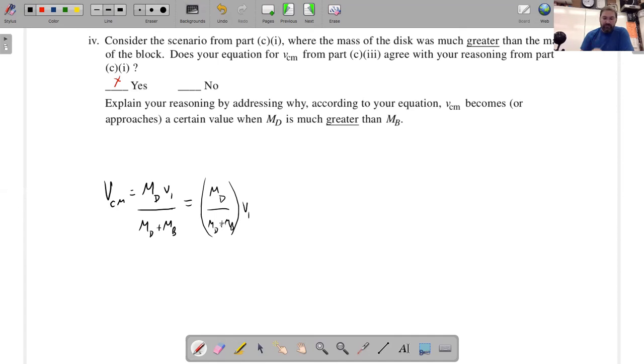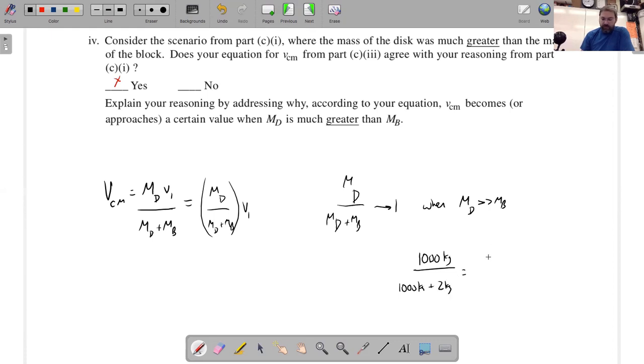If m sub d is much greater than m sub b, then this ratio m sub d over m sub d plus m sub b approaches 1. You could even make up numbers if you feel like. Let's say that the mass of the disk is 1,000 kilograms, and then it's 1,000 kilograms plus maybe 2 kilograms.